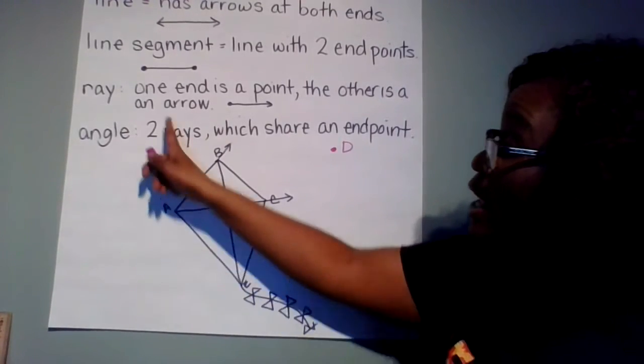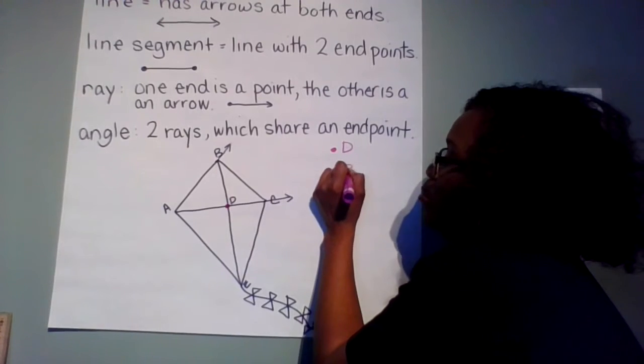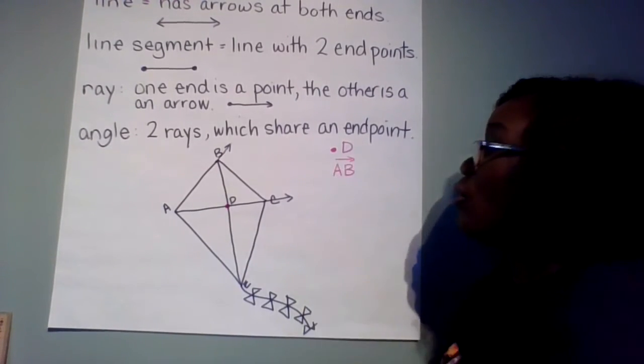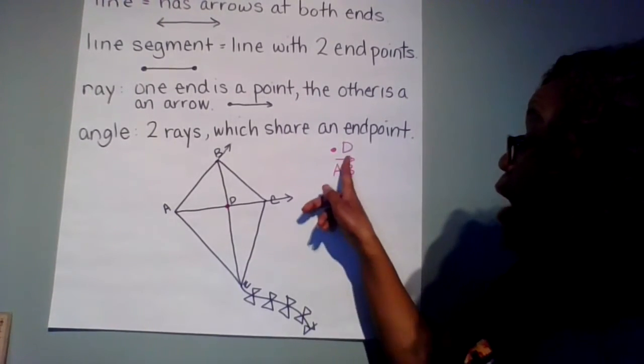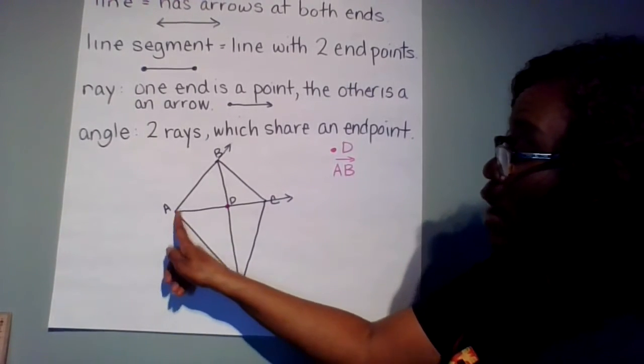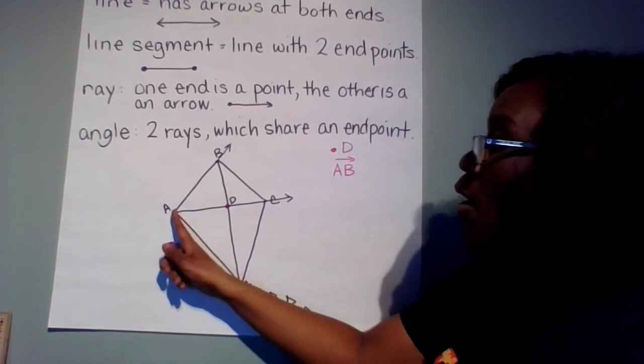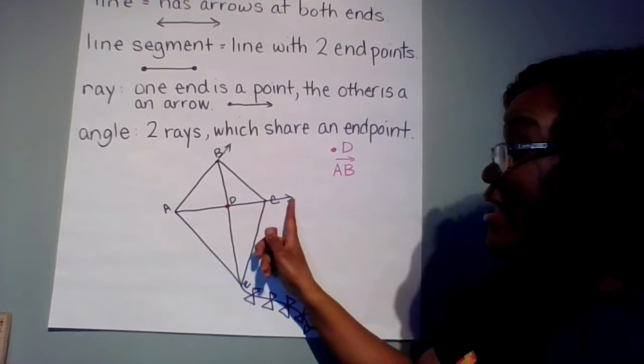So, or a ray. So I could say AB would be a ray. And that's how I would write it. I would put the letters together, letter A and B, and then I would draw the arrow. Or I could say AC.